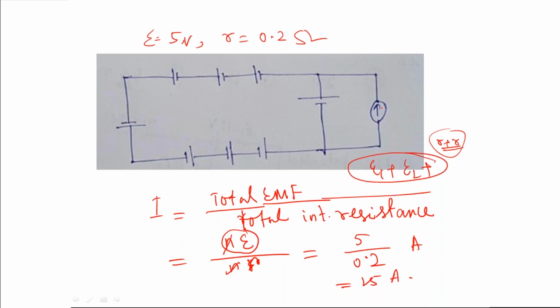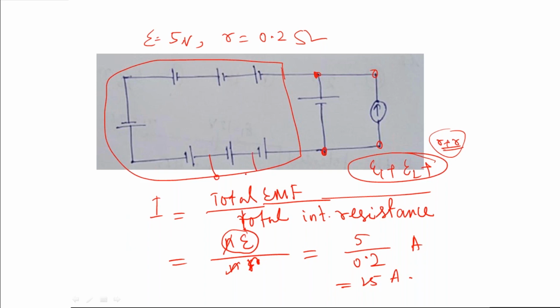Once I get this, I have to find the voltage across this. When I connect this voltmeter to find the voltage, I have to find the voltage across this. So this is a cell.